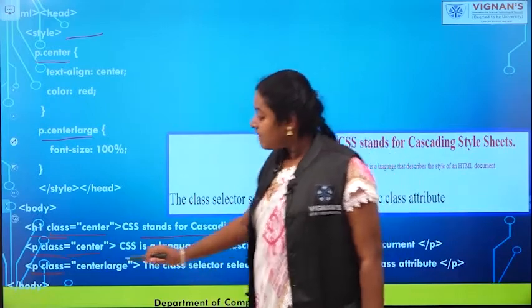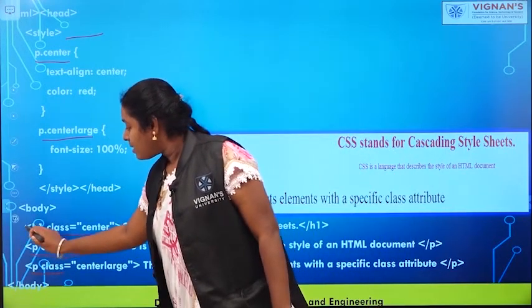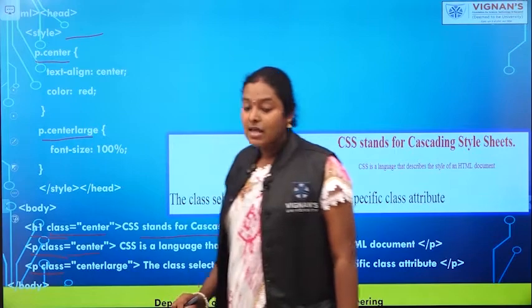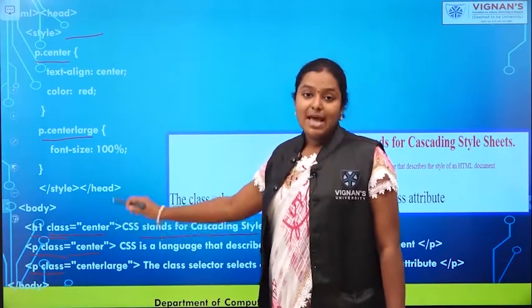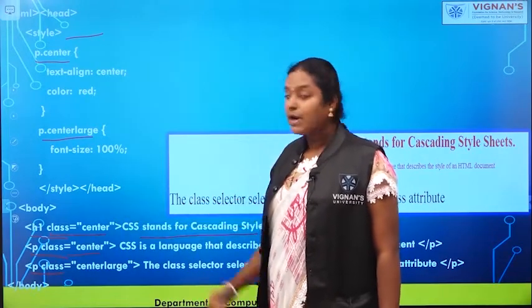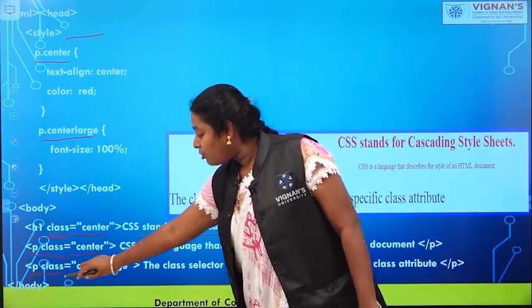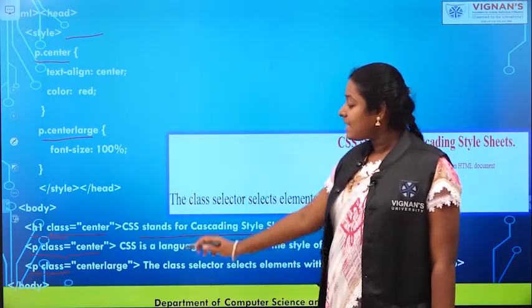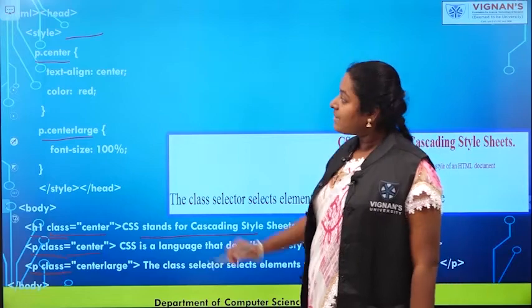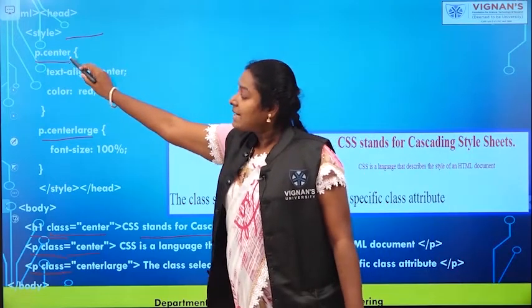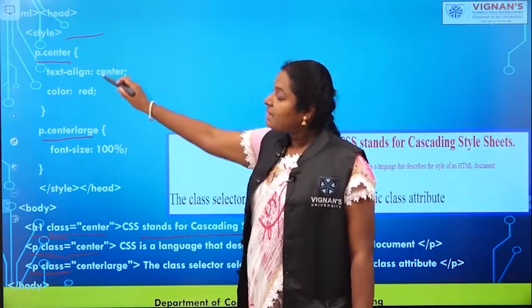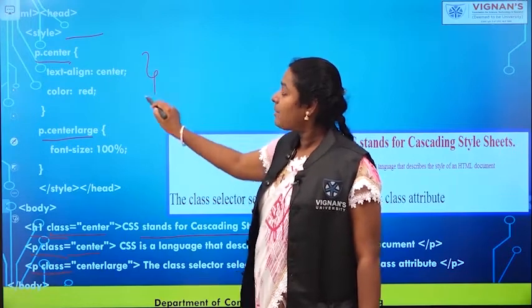So this h1 tag and p tag have the same class attribute, that is class equal to center. And for one more p tag, I am taking class equal to centerlarge. For the tags having class equal to center, these properties will be applied.